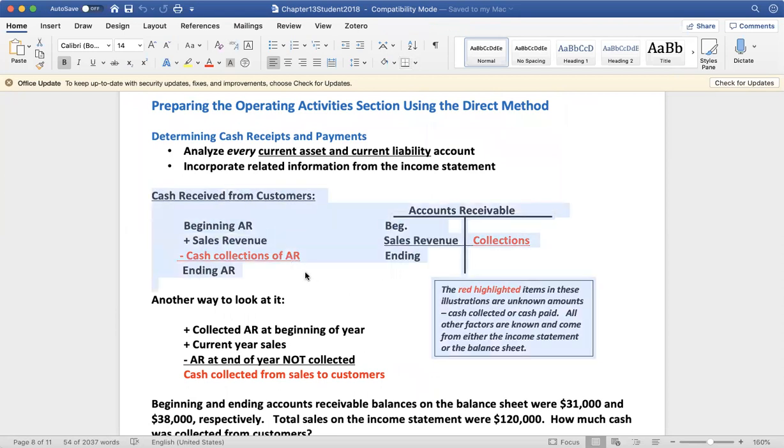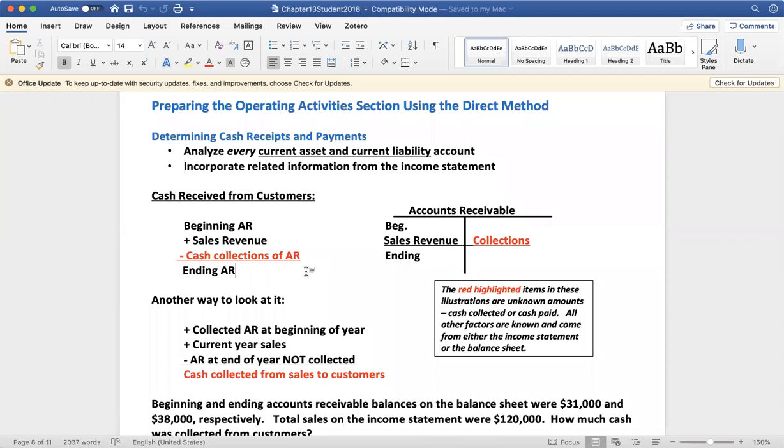It's cash received from customers. How do we calculate cash received from customers? If we collect cash from customers, it's most likely a collection of our accounts receivable. Okay, so on our balance sheet, we have a beginning accounts receivable.